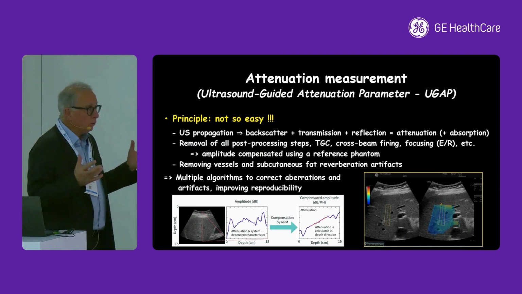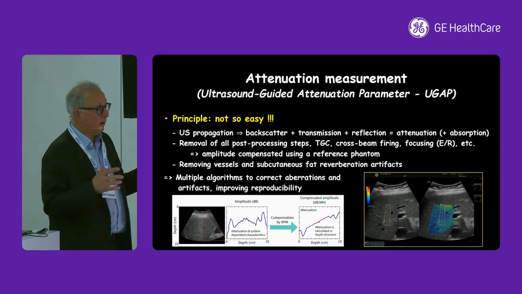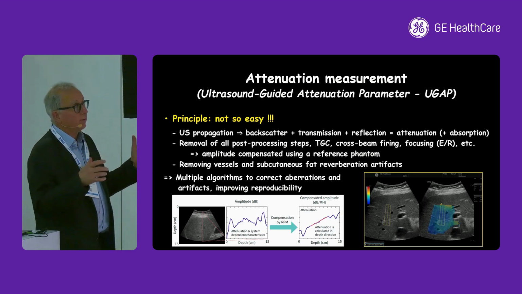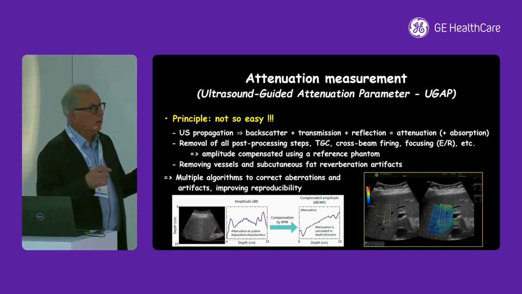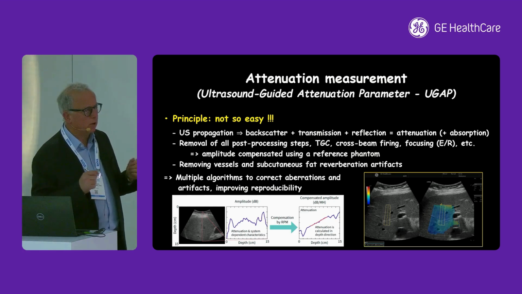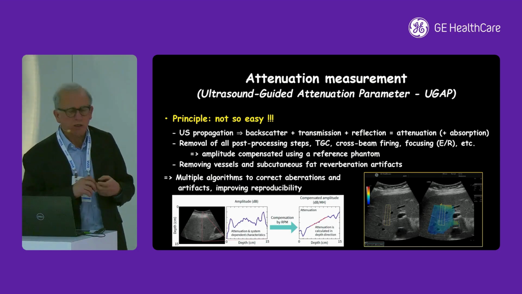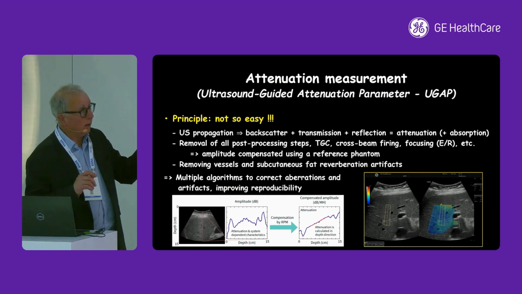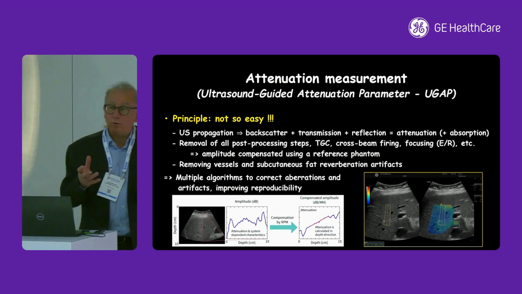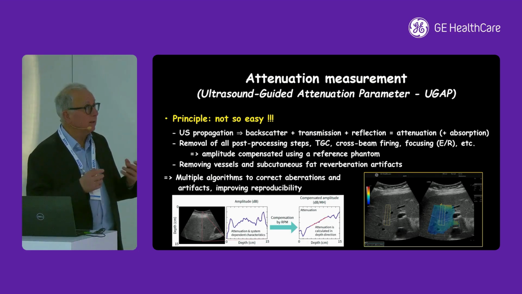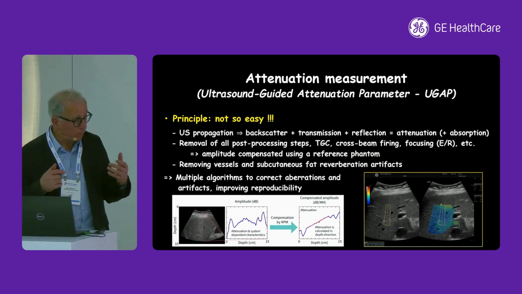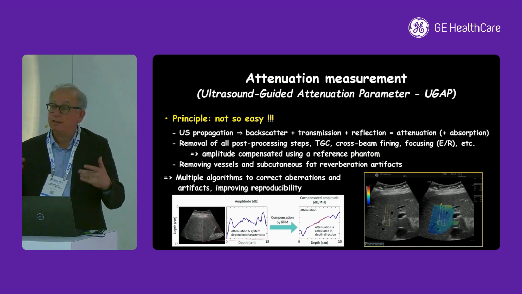So to evaluate the fat content, all companies developed attenuation measurements. In principle, it looks easy. Just get the attenuation. But that's extremely complex, probably as complex as shear wave elastography, because the amount of energy that you should be able to measure is extremely low. And you're facing very difficult issues dealing with all the post-processing sequence.